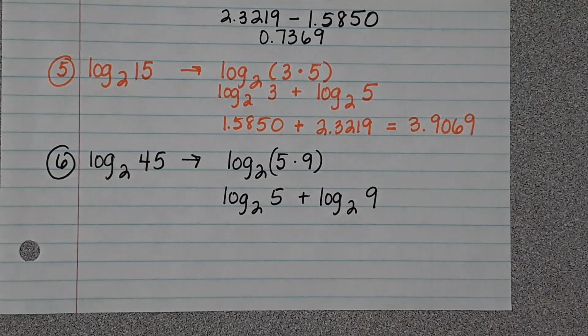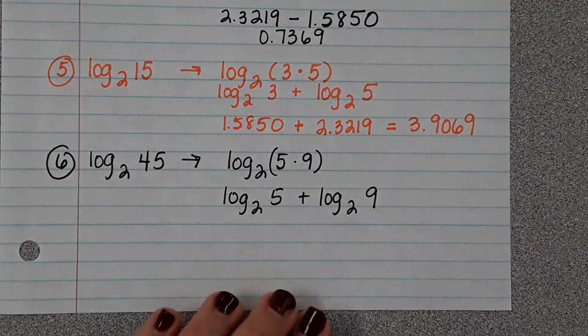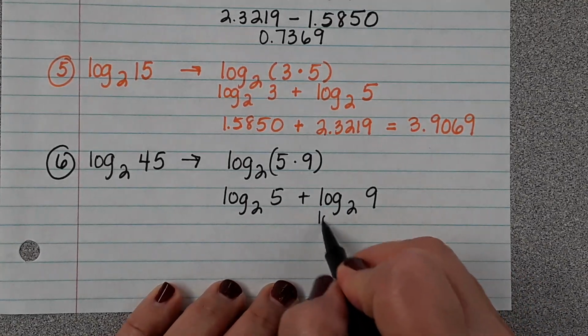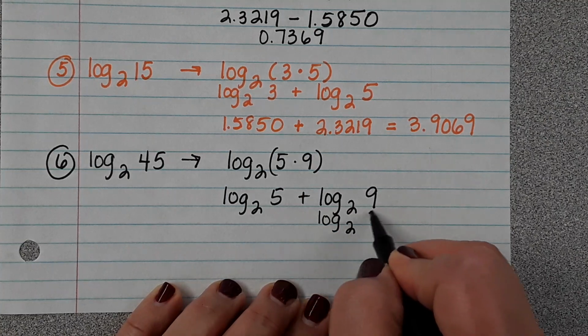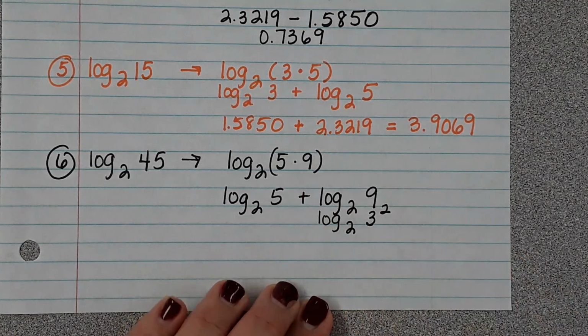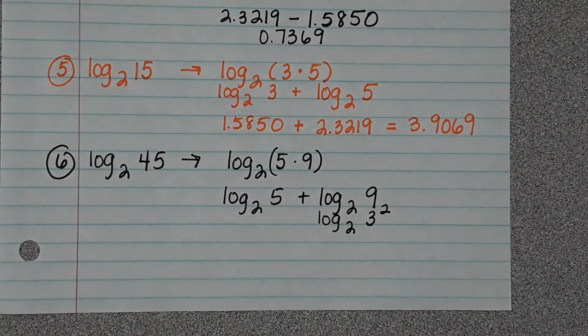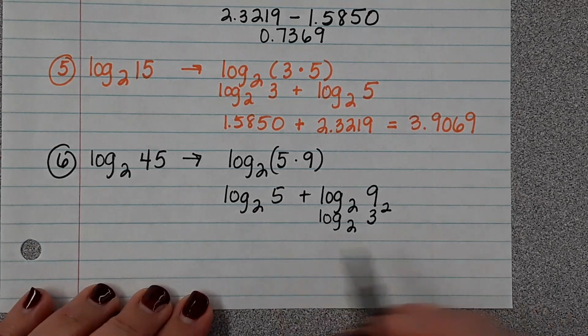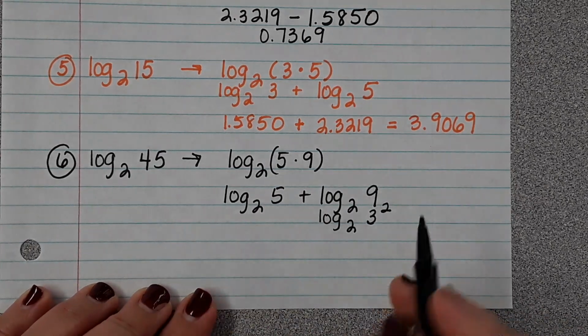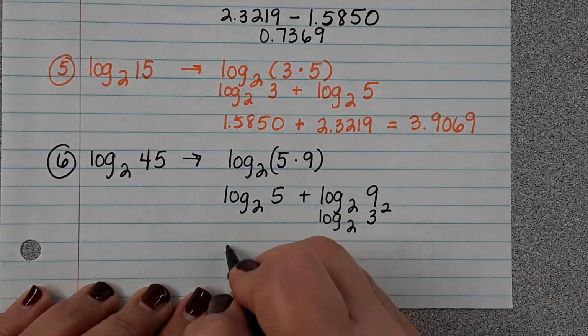So that means you're going to have to ask yourself, there's something I'm supposed to do with this, because it doesn't look like log base 2 of 3. So how can I rewrite that? We're going to rewrite this as log base 2 of 3 to the second power. And now what can I do? Yes, we need to put the 2 in front of the log.